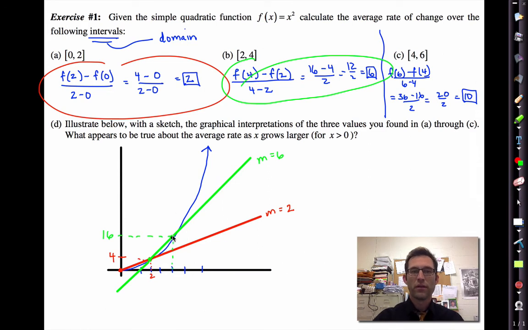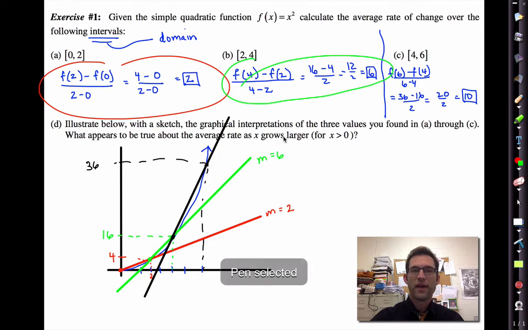And finally, I'll go in black. Then I took the point right here, and the point at (6, 36), and I calculated the slope of this line. And that was m equals 10.